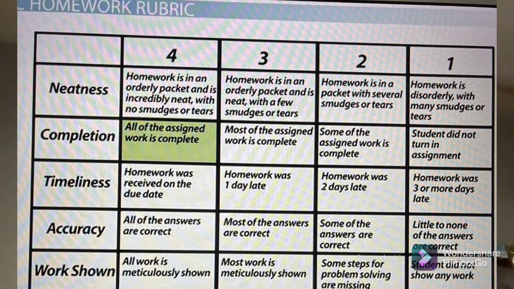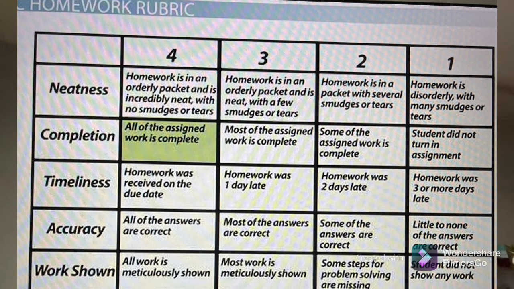On the first line you have the numerical data 4, 3, 2, 1, and on the first column you have 5 criteria: neatness, completion, timeliness, accuracy, and work shown. On the first criterion, neatness, you are going to have 4 points if your homework is in an orderly packet and is incredibly neat with no smudges or tears.